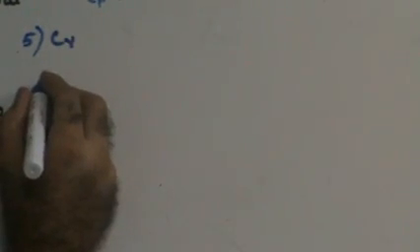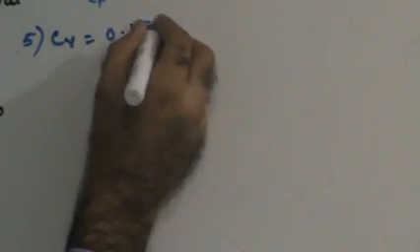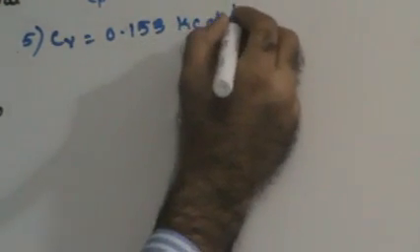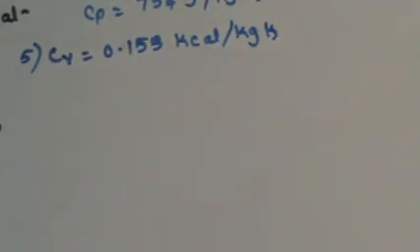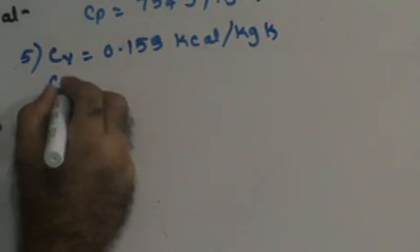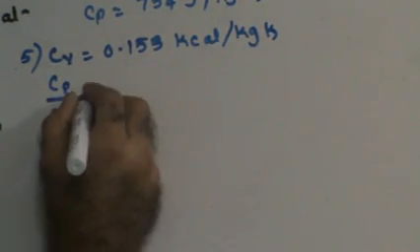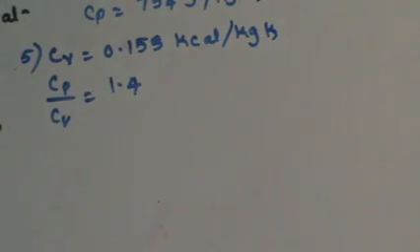The specific heat of oxygen at constant volume is 0.155 kilocalories per kg Kelvin, and the ratio of specific heats is 1.4.